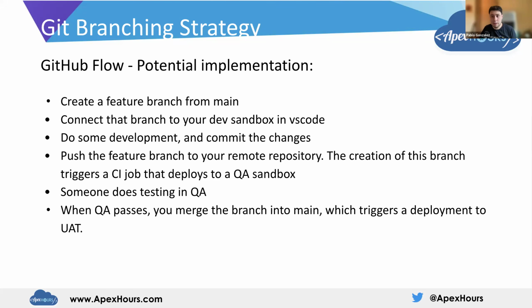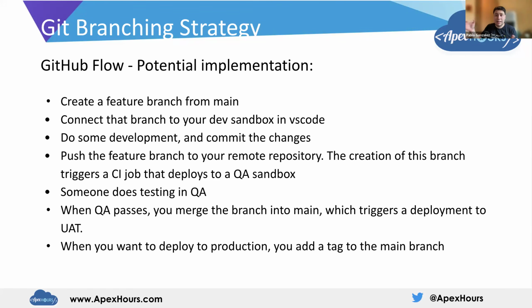Let's say somebody does UAT testing and it passes, then you can add a tag on the main branch. You can add a Git tag that says, okay, release version 1, 2, 3. You tag the main line, and that again triggers a CI job that deploys the entire main branch to production.